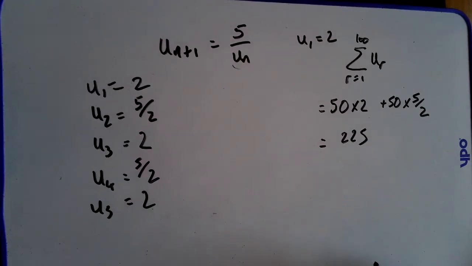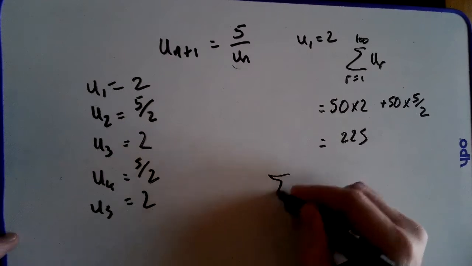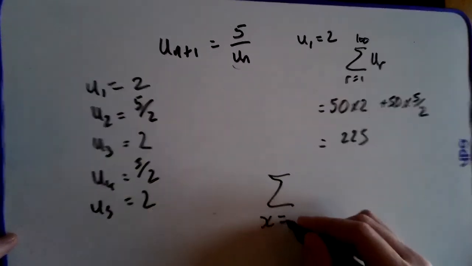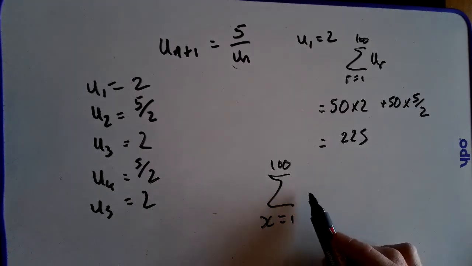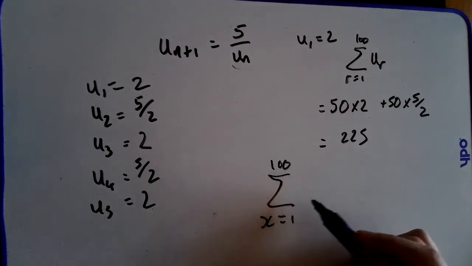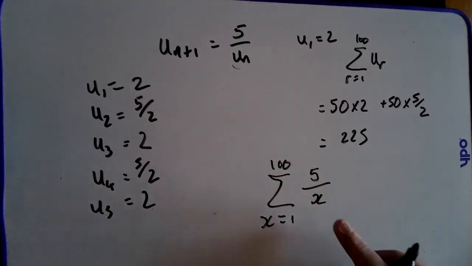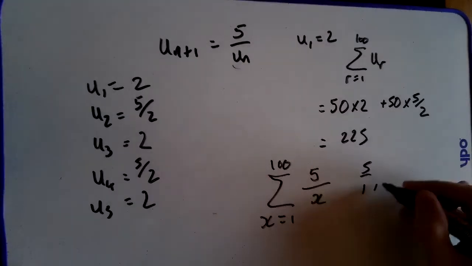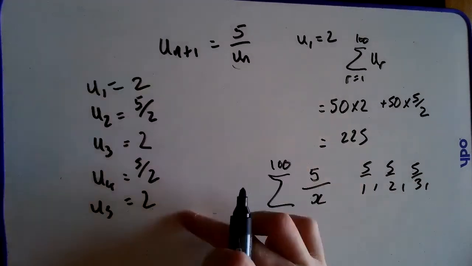Now, a mistake some of you were making in your calculator last time was when you were trying to cheat and typing this in, x equals 1 to 100. The only thing about using this is I don't have an explicit formula. I can't just type in 5 over x. That doesn't make sense because that sequence is 5 over 1, 5 over 2, 5 over 3, etc., which is completely different to our sequence.